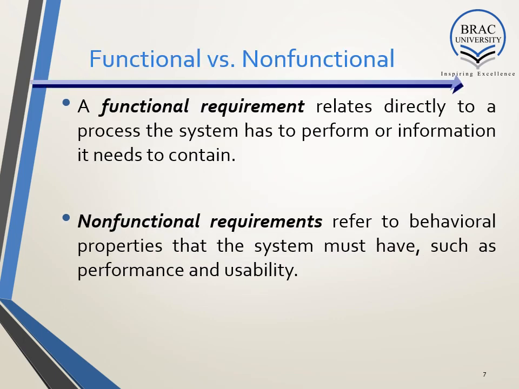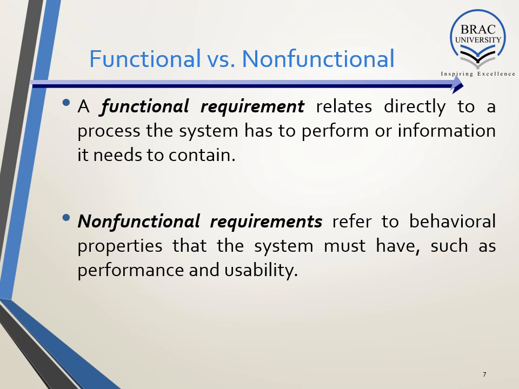The system requirement is divided into two parts: functional and non-functional. The functional requirement relates directly to the processes the system has to perform, or the information it needs to contain. And the non-functional requirement basically refers to the behavioral properties.